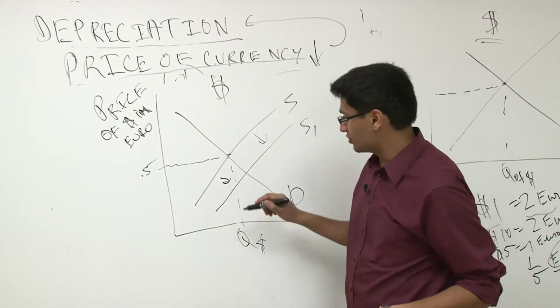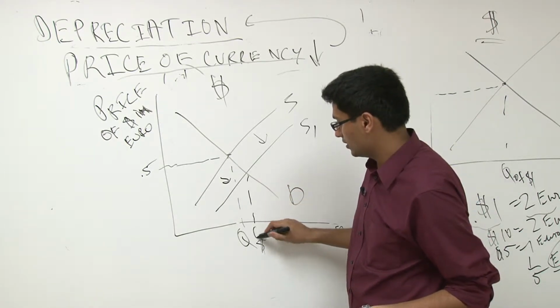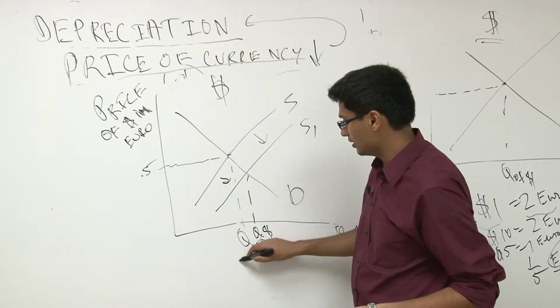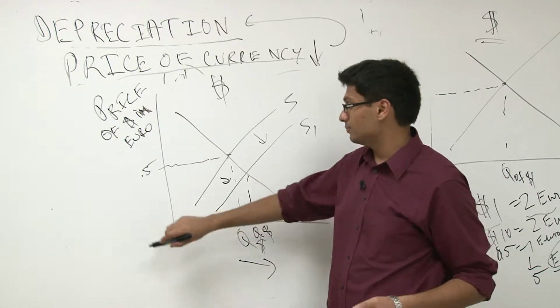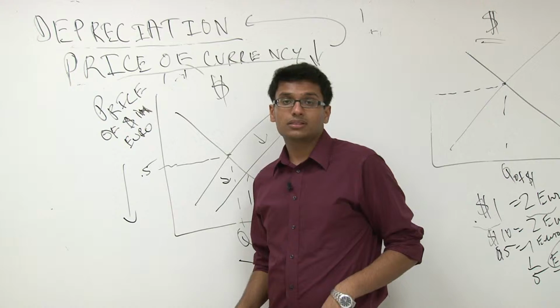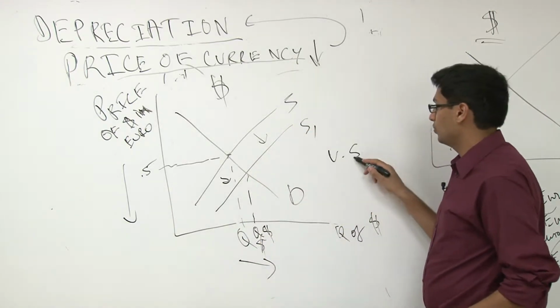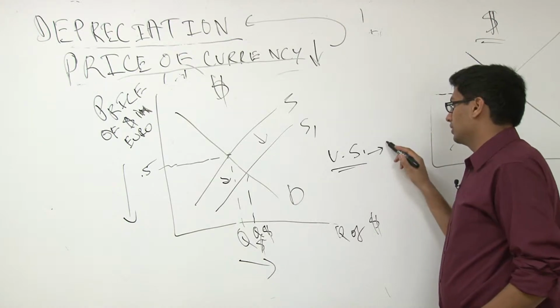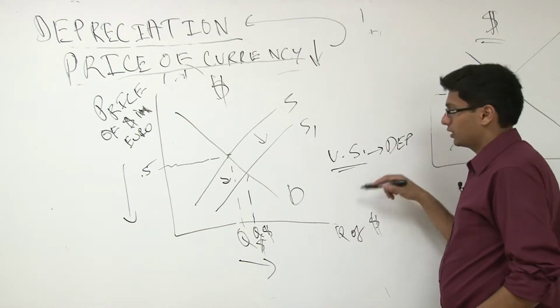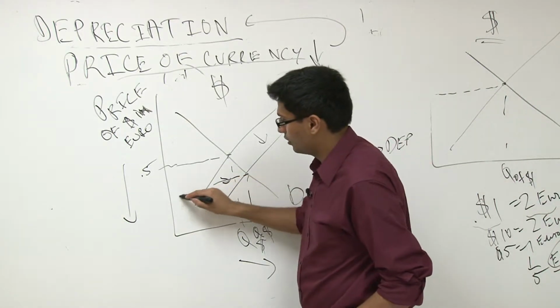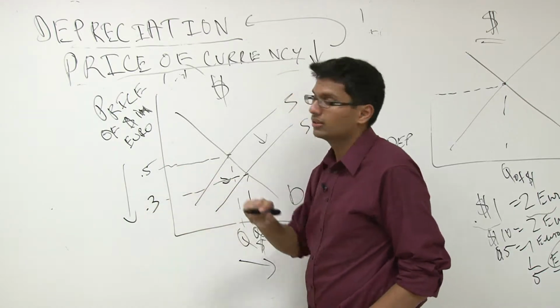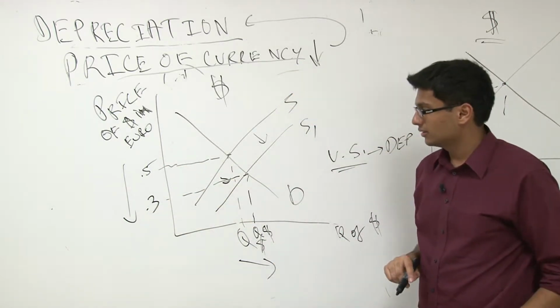Now, obviously, there's adverse effects. First of all, there's more of that money. We see this increase. But here's the problem: the dollar depreciates. Again, understand that this is from the US perspective. If you look at this, we're now let's say at 0.3.